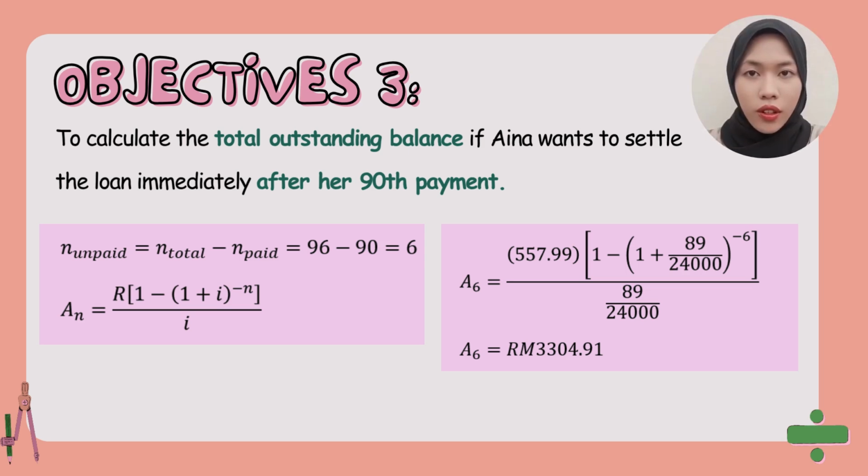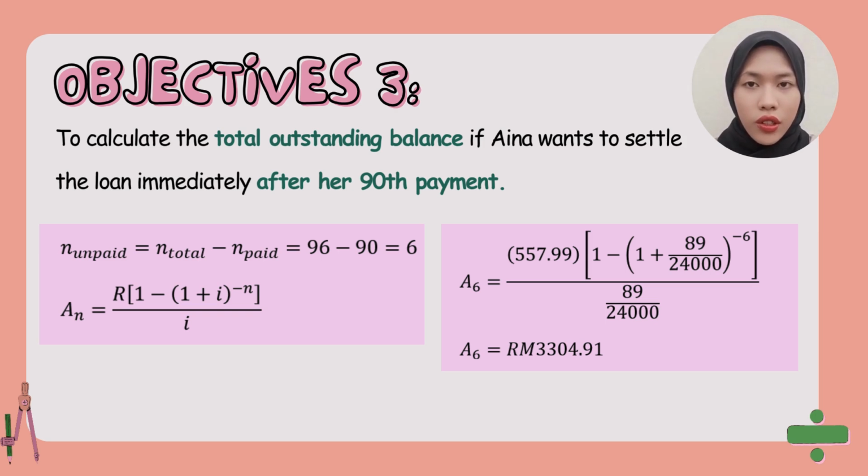Now we substitute the values into the formula. R is 557 ringgit and 99 cents. The interest rate is 89 divided by 24,000. The total term is 6 months. So the formula becomes A sub 6 equals 557 ringgit and 99 cents multiplied by open bracket 1 minus open bracket 1 plus 89 over 24,000 close bracket to the power of negative 6 close bracket divided by 89 over 24,000.